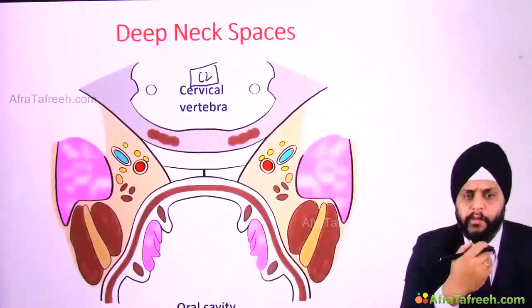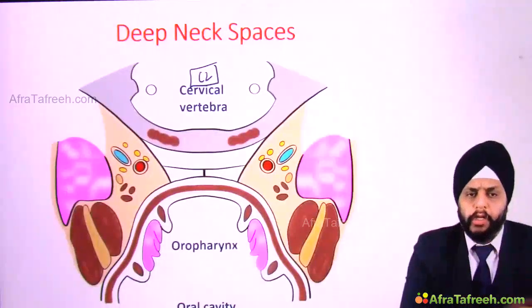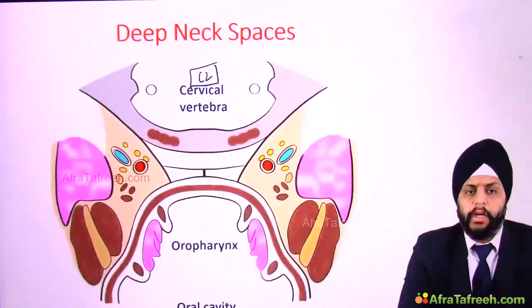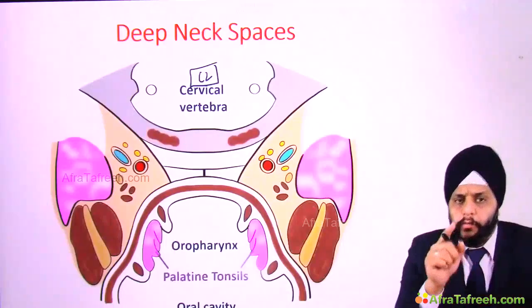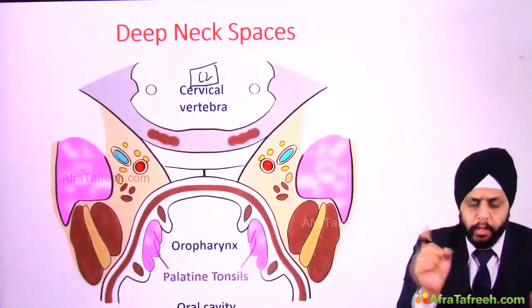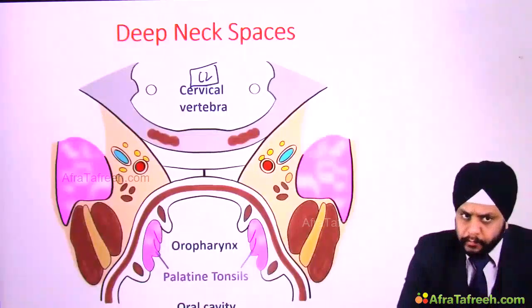The anterior aspect, we have the oral cavity. Okay, behind the oral cavity, what do you have? You have the oropharynx. Right. Okay, now what is there in the oropharynx? In the oropharynx, you have the palatine tonsils. Okay, pair of palatine tonsils, one on each side. This we have studied. Right?